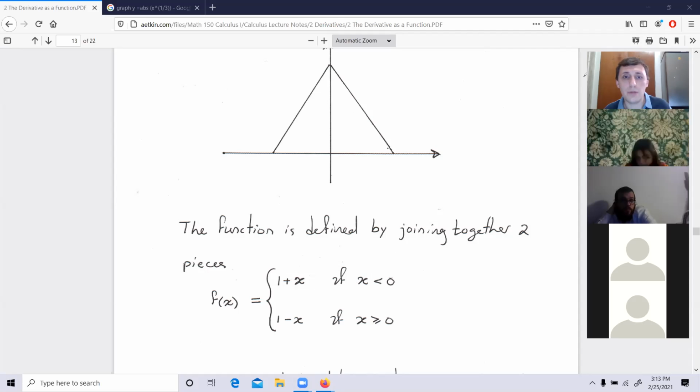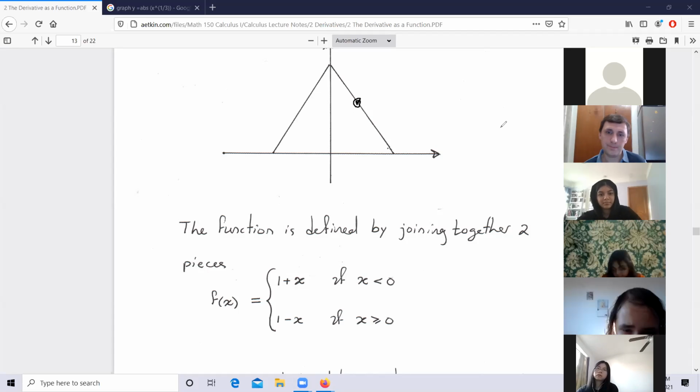And what would be the slope anywhere here? Minus 1, very good. You can carry out the calculation if you want to, but that's obviously going to be the slope.